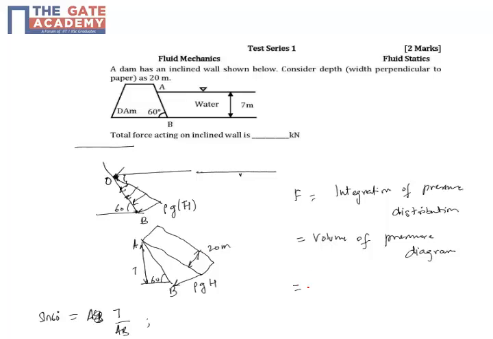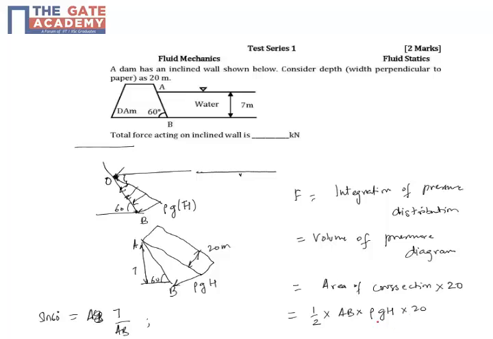So how do I find the volume? I find the area of the cross section of the pressure diagram into the depth, which is 20 perpendicular to the paper. The area of cross section is a triangle, so half base into height: half AB into rho g h, into 20.